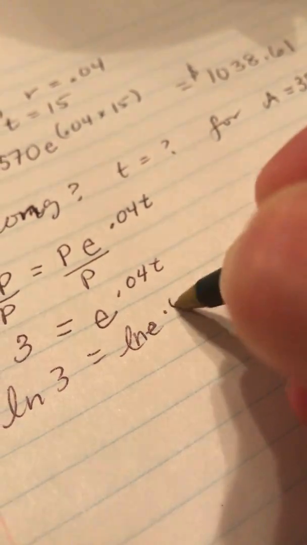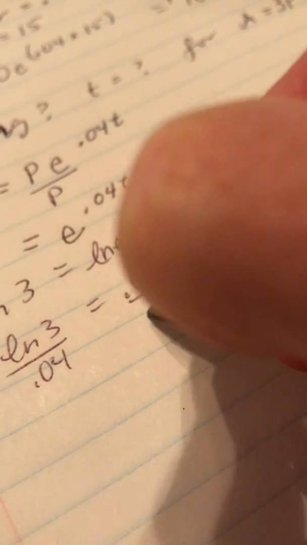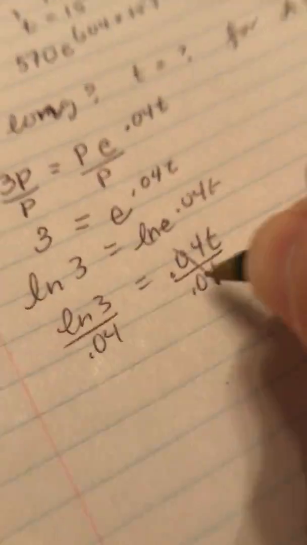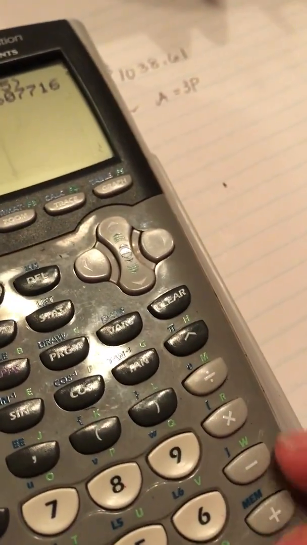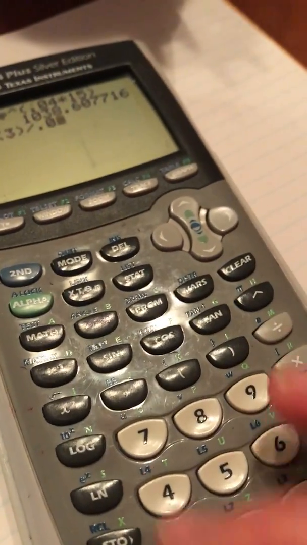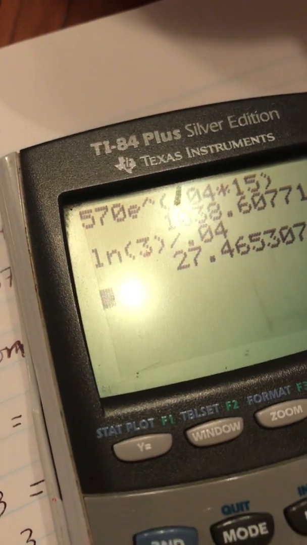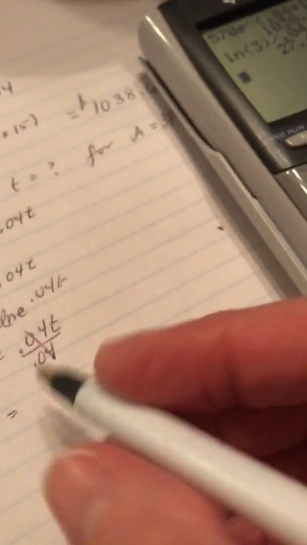Ln of e to the 0.04t is just 0.04t, so that's equal to ln of 3, and then you divide by 0.04 to get your time. Calculating ln of 3 divided by 0.04 is 27.4653, let's just say 27 and a half years.